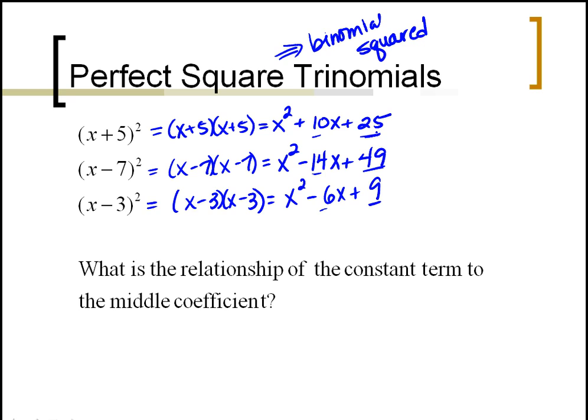Well, 25 we know is 5 squared, and 5 is half of 10. 49 is 7 squared, and 7 is half of 14. 9 is 3 squared, and 3 is half of 6. So the relationship of the constant term to the middle coefficient is that it is half of the middle coefficient squared.